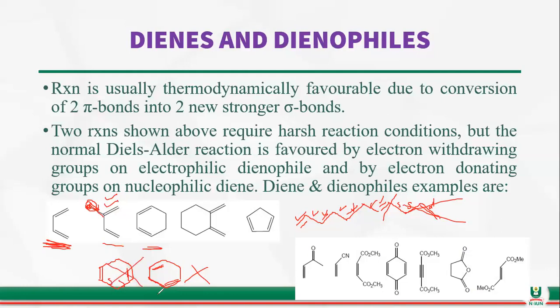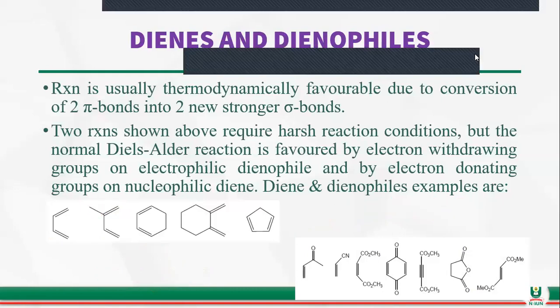So when you say something is a diene, it doesn't mean that it can actually be a useful diene for this reaction. A compound that has two double bonds is called a diene, but those that have the two double bonds in conjugative manner are the only ones that can successfully work as a starting material diene for this reaction.